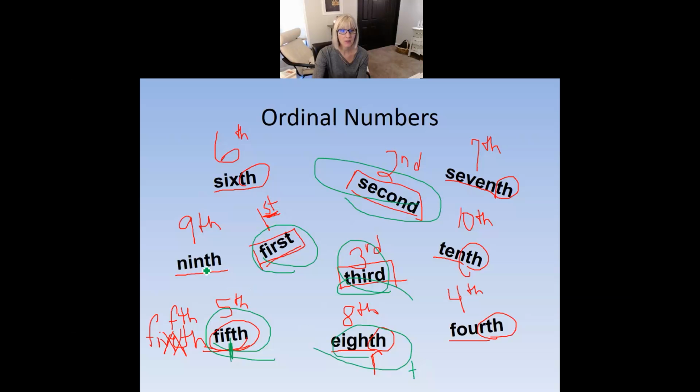And ninth, there's no E. Goodbye E. So the ones in green, practice. Those are the problem ordinal numbers for writing. Please write each number 5, 10 times. Practice, practice.